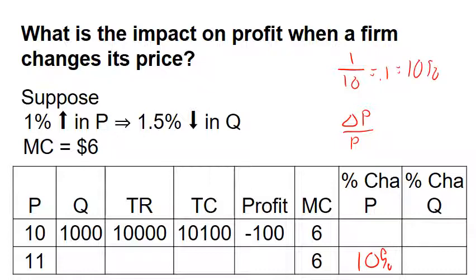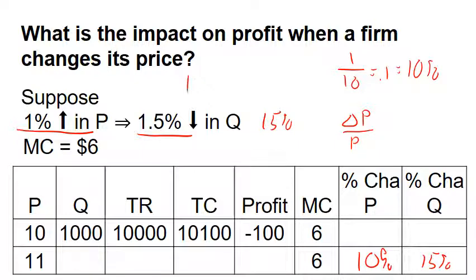Percentage change in quantity. Well, let's stop there. If each 1% increase in price makes quantity fall by 1.5%, that means our quantity is going to fall by 15%. That's 10% times 1.5.